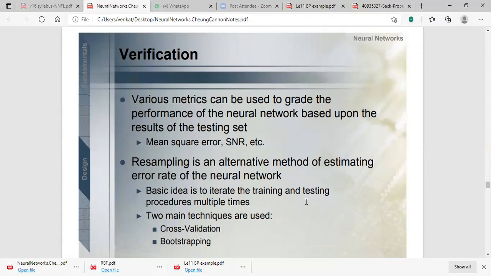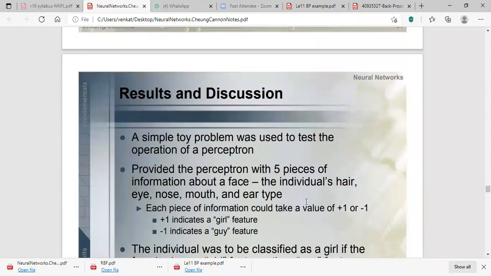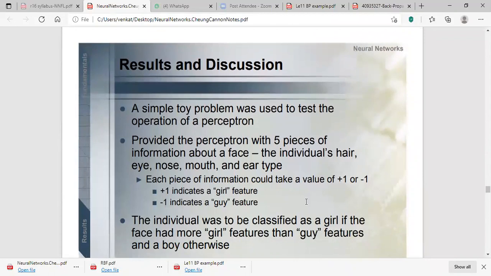So there are some other techniques for estimating the error rate of neural network. Okay. Those are cross validation and bootstrapping techniques. So finally, you will be getting your result.